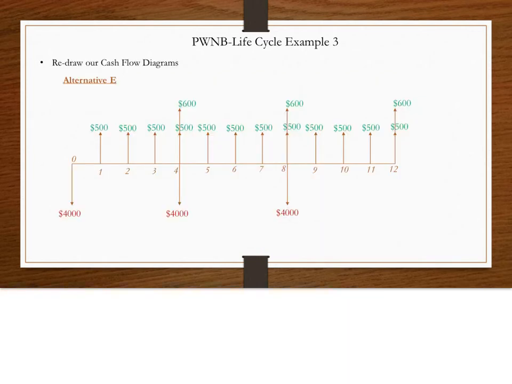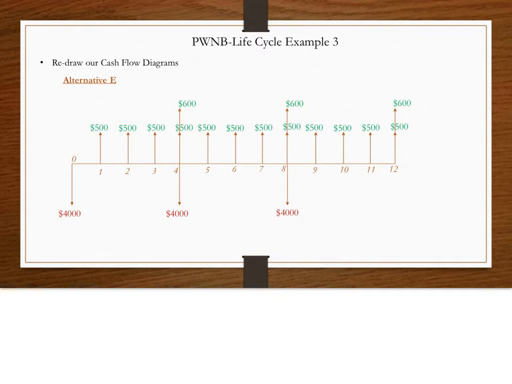But in order to calculate using equations, it is easier to simplify the different costs and benefits to make the equation less complex. So, in order to do a present worth net benefit, we would need to convert all of the $500 revenues into a present worth and treat each $4,000 capital cost and $600 salvage price as individual future worths to be converted to present worth.